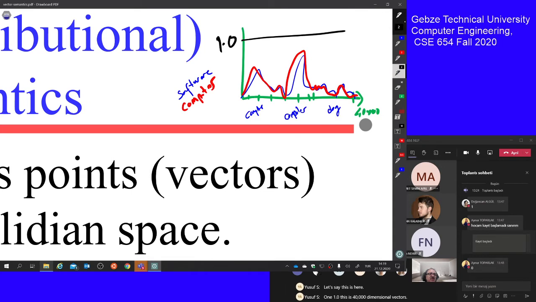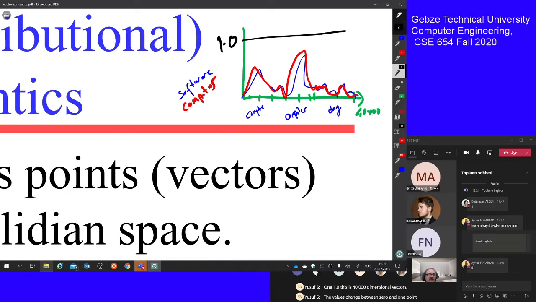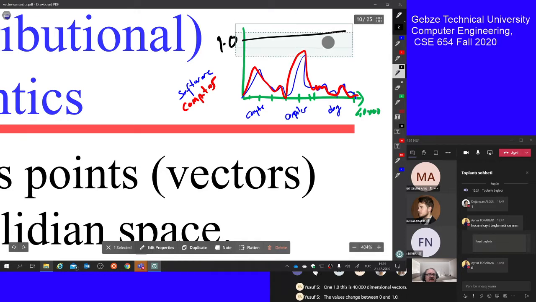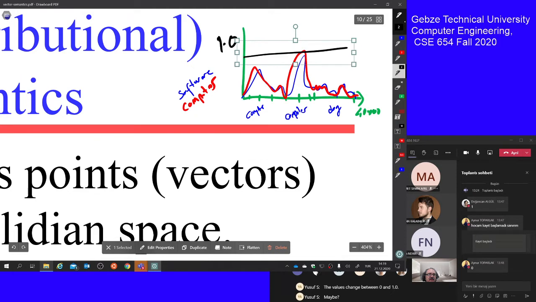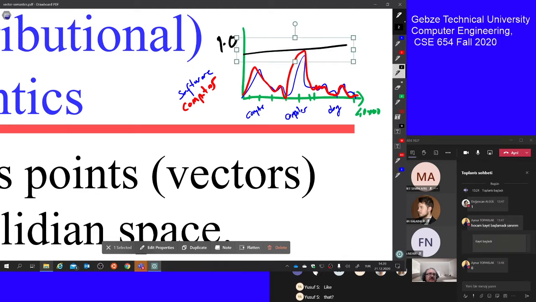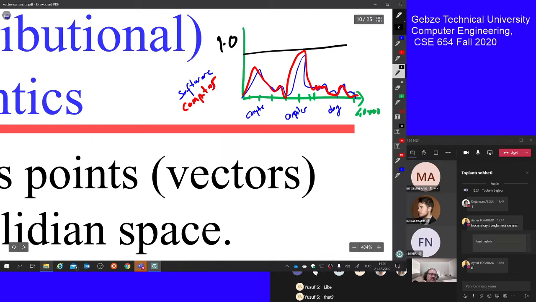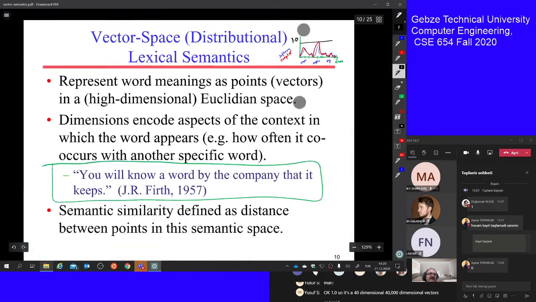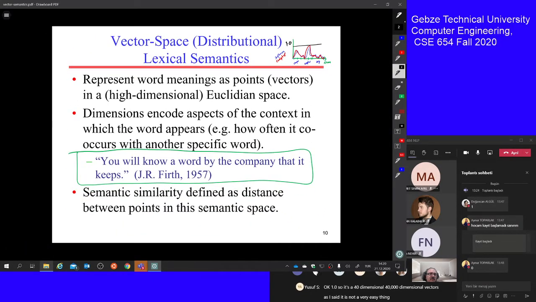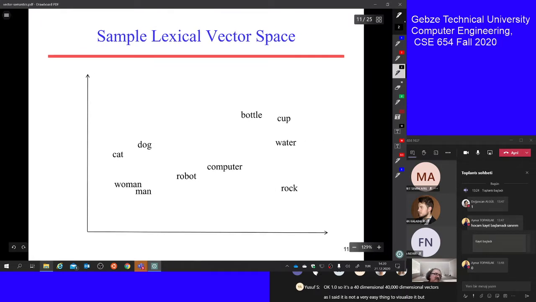The values change between 0 and 1.0, maybe like that. So it's a 40,000 dimensional vector. As I said, it is not a very easy thing to visualize, but let's say our vectors are two-dimensional, not 40,000 dimensional, but two-dimensional.